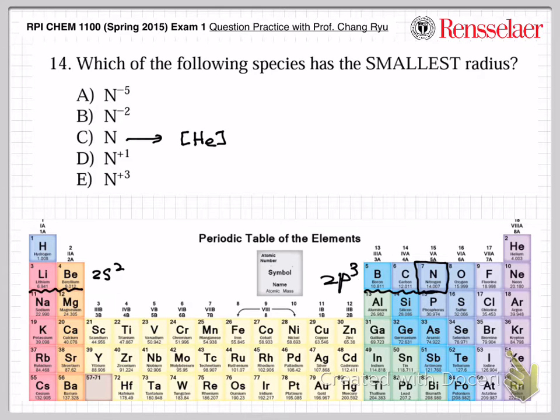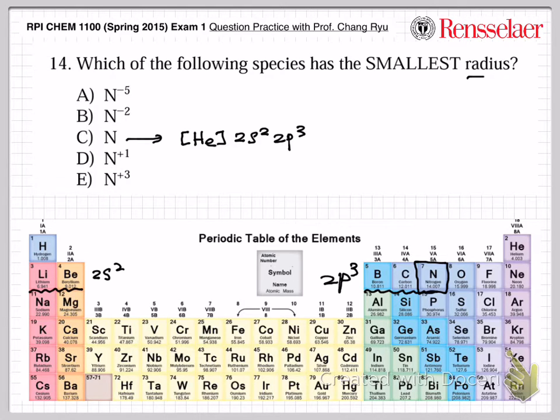So it is 2s2 2p3. When they are in the neutral atomic state, they will have 5 electrons on top of the helium-like core.